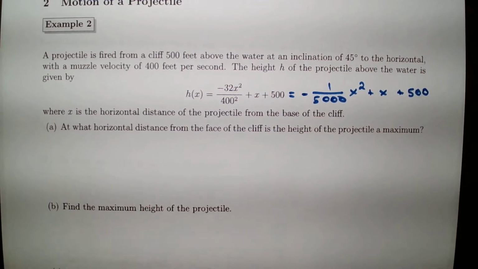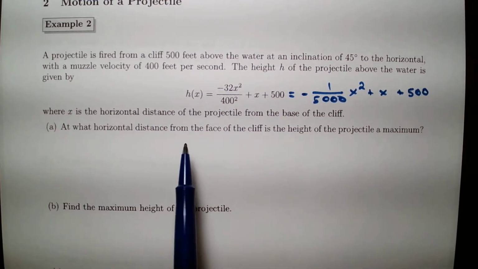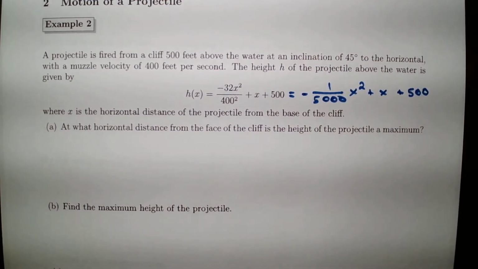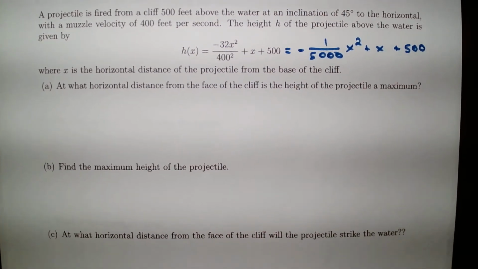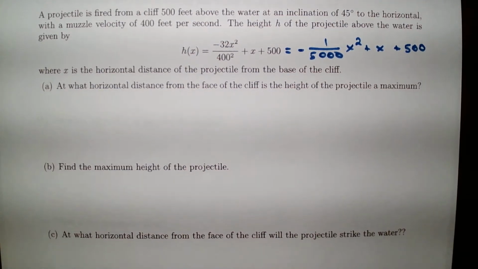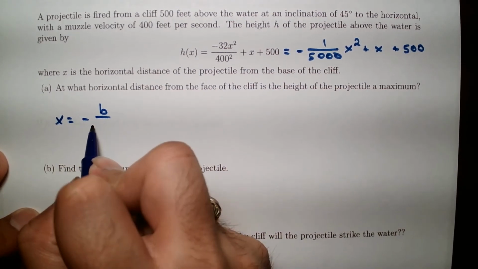All right. So the first question: at what horizontal distance from the face of the cliff is the height of the projectile a maximum? Again, the same vocabulary is coming into play here. Max and min. Maximum involves using the vertex formula, in which x equals minus b over 2a.